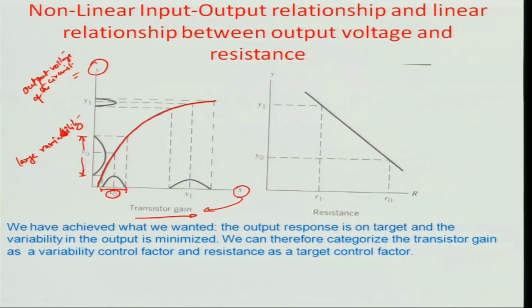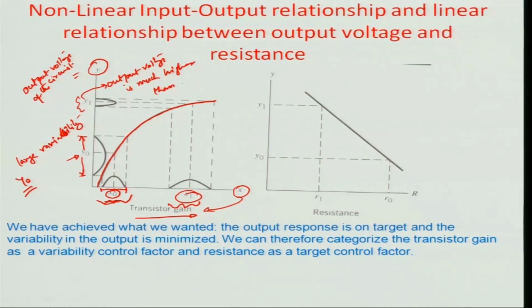However, the target level was Y0, and Y0 can only come when you are operating at this particular transistor gain range of X0. However, as a designer, if you were to operate this circuit at a different transistor gain, let us say at X1, obviously the output voltage here would be much higher than the target voltage, which was Y0.